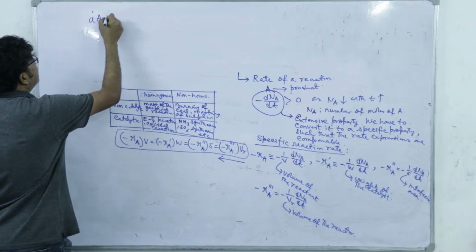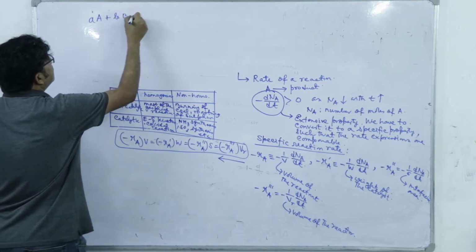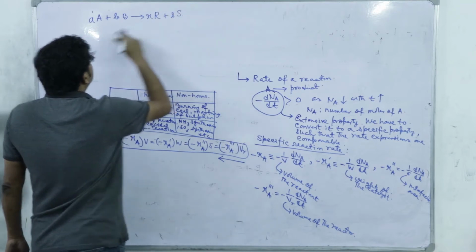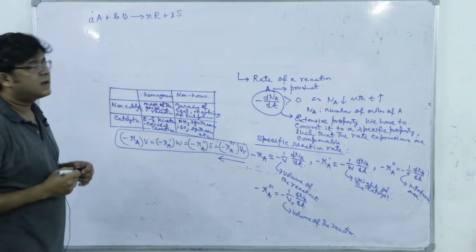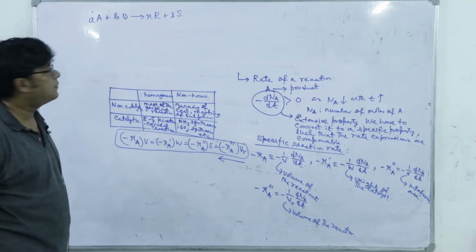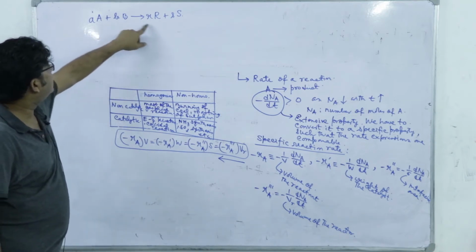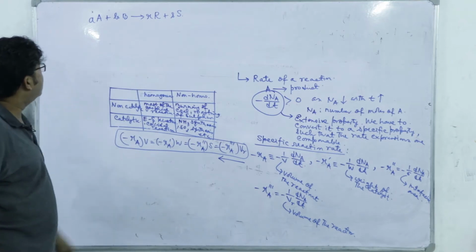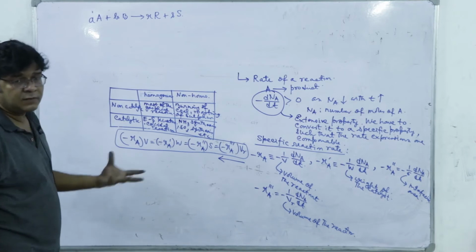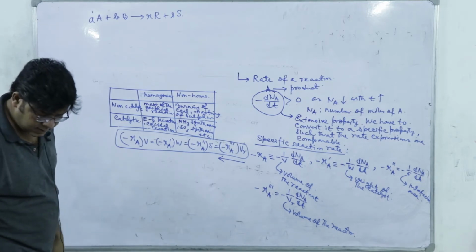But let us have this, where this is a balanced chemical reaction where small a, small b, small r and small s are stoichiometric coefficients, where the capital A, B, R and S are the chemical formula of the reactant and the product which are involved in this reaction, right.